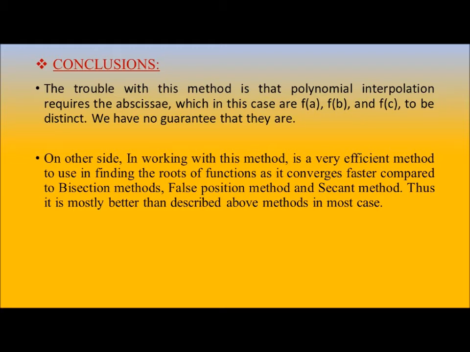Yes, so in the conclusion I would like to say that the trouble with this method is that polynomial interpolation requires the abscissas, which in this case are FA, FB and FC, to be distinct. We have no guarantee that they are, and it does happen.